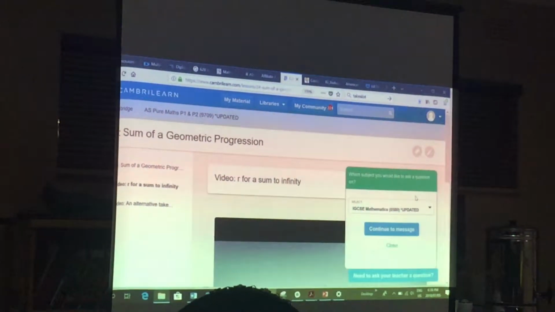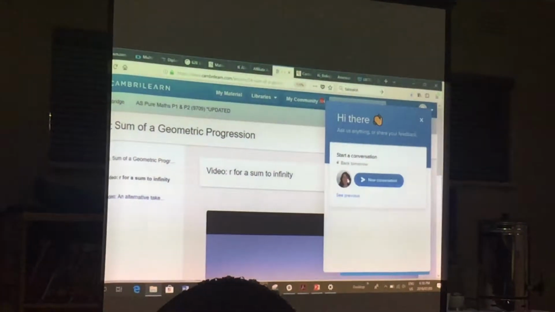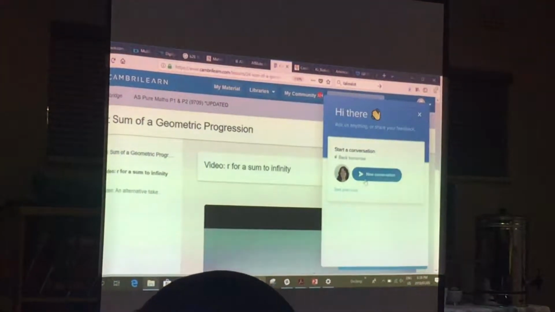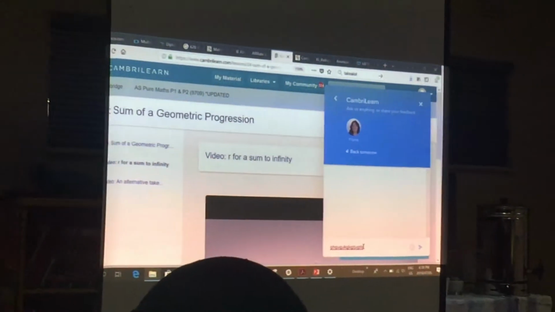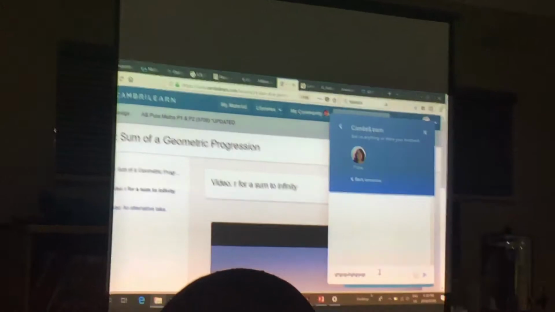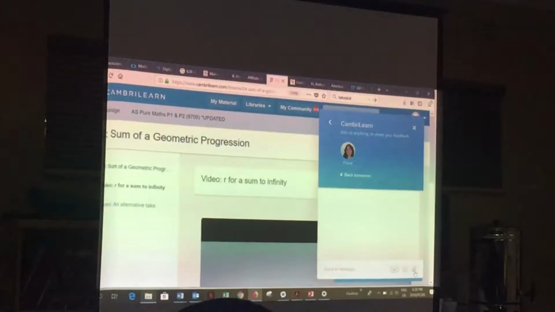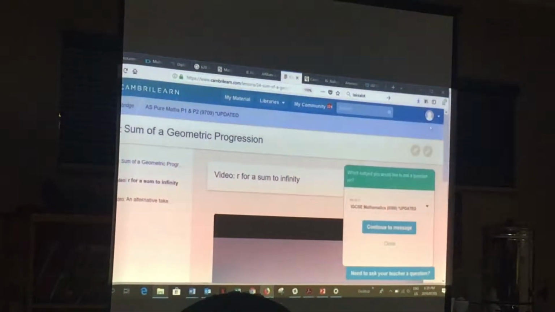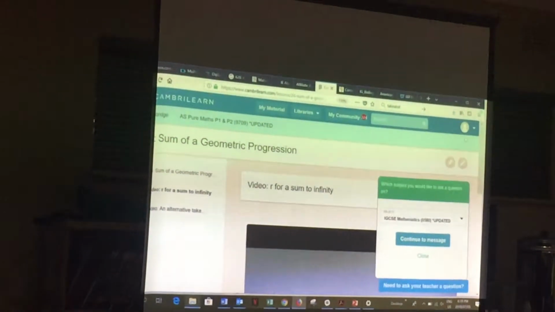I would click on my maths teacher, and then up would come her face. Okay, so it looks like it's that lady, and then I would start a conversation. I've typed up nonsense, but you can type up stuff, you can attach images. All right, so that's the one feature you get: instant chatting to your teacher anytime, 24/7.